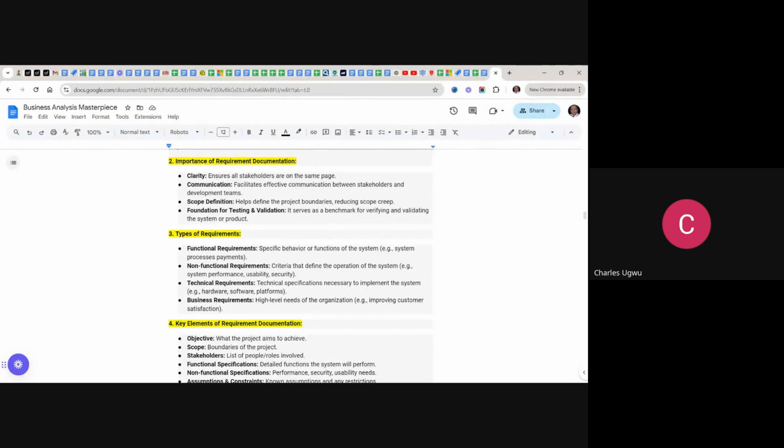What are the basic features that we can use from a system? Like we see in our CRM system, we talk about lead management.